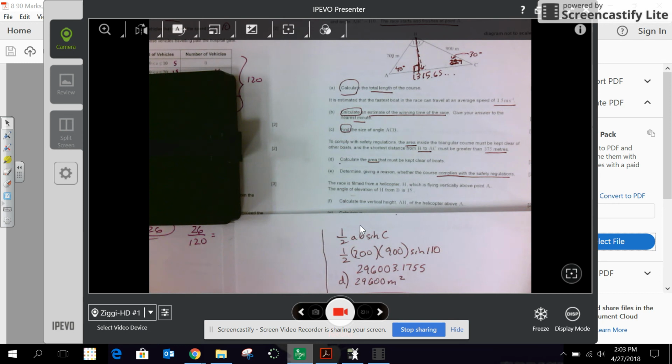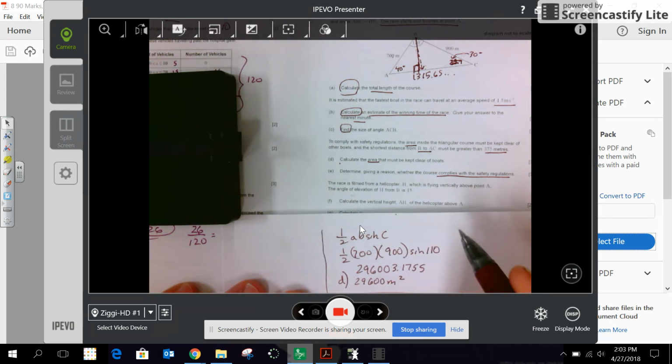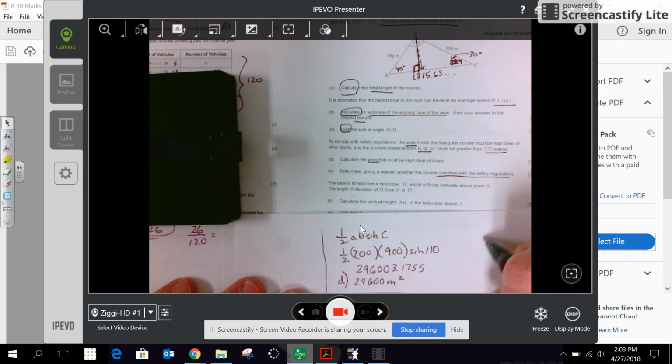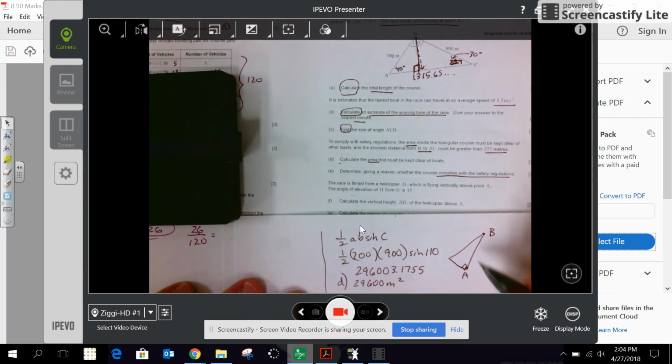The race is filmed from a helicopter H, which is flying vertically above point A. The angle of elevation of H from B is 15 degrees. Okay, so we have A and B, and then the helicopter is like this.